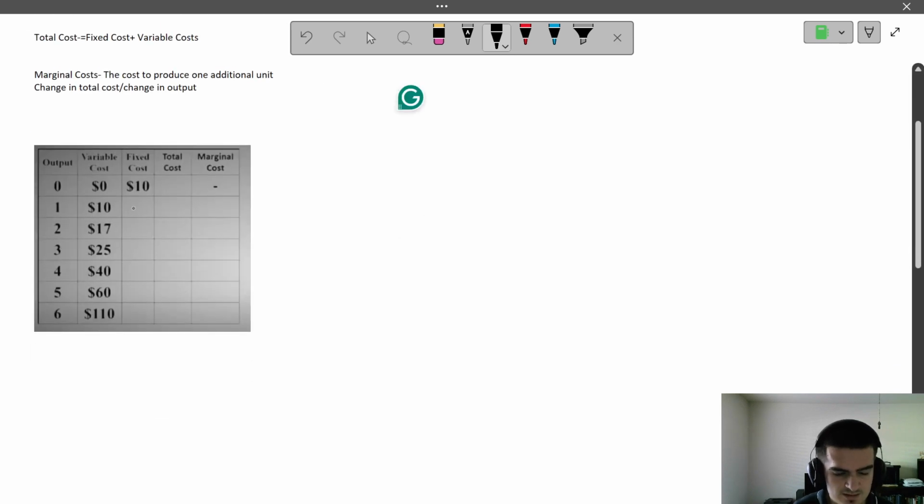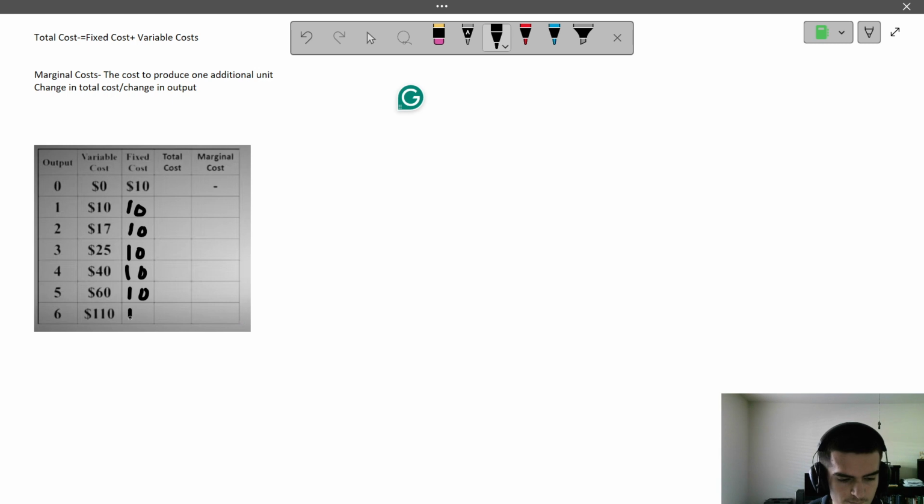So let's say we have the scenario where we have our variable cost right here and our fixed cost here. Fixed cost is always going to be 10. What's our total cost?